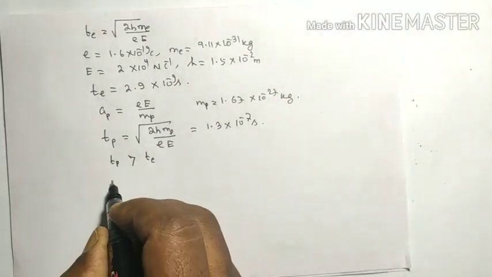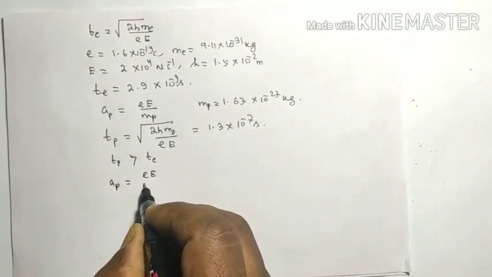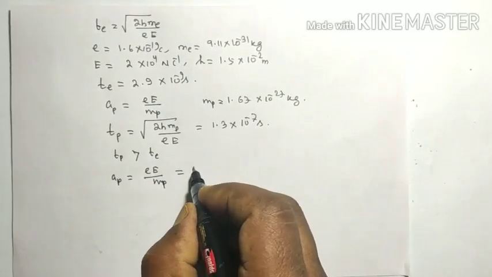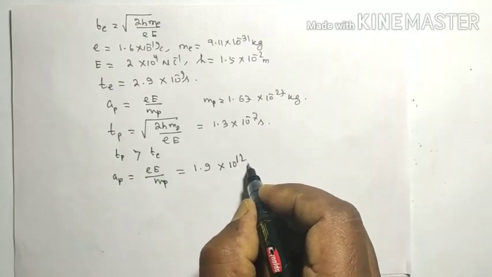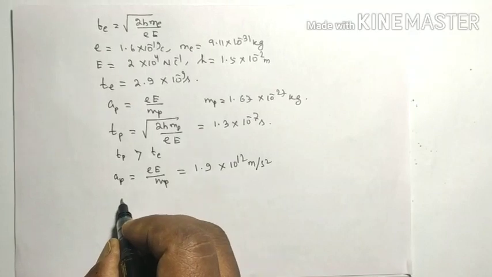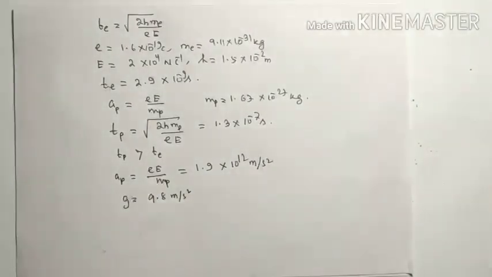So let us calculate a_p. a_p is eE by m_p. When you substitute the values, it is found to be 1.9 × 10^12 meter per second squared. And acceleration due to gravity is 9.8 meter per second squared.